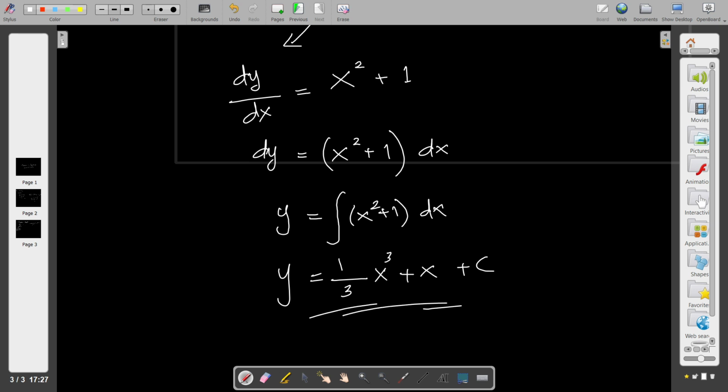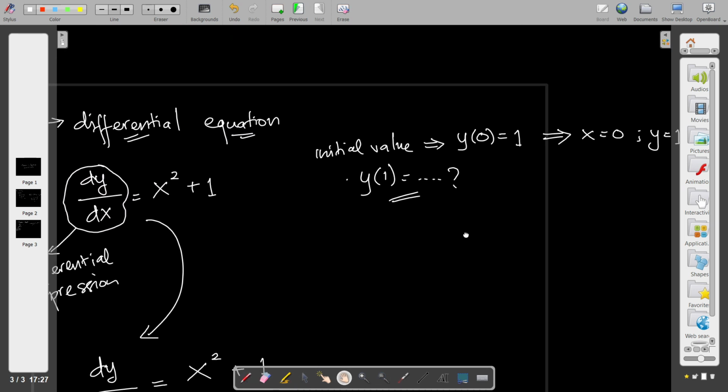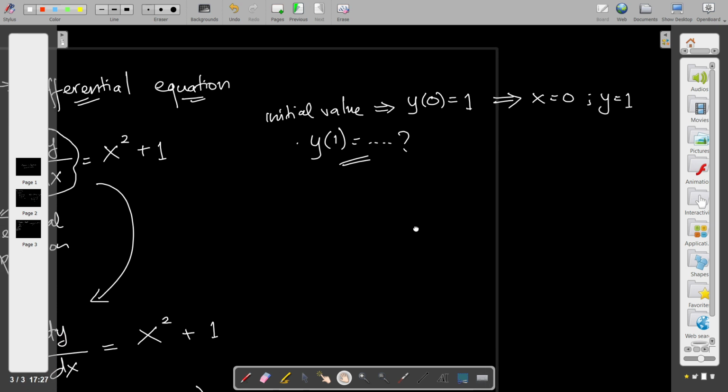But the problem is we don't know the value of c. So we go back to our initial value. We have this: when the value of x equals 0, then the value of y equals 1.